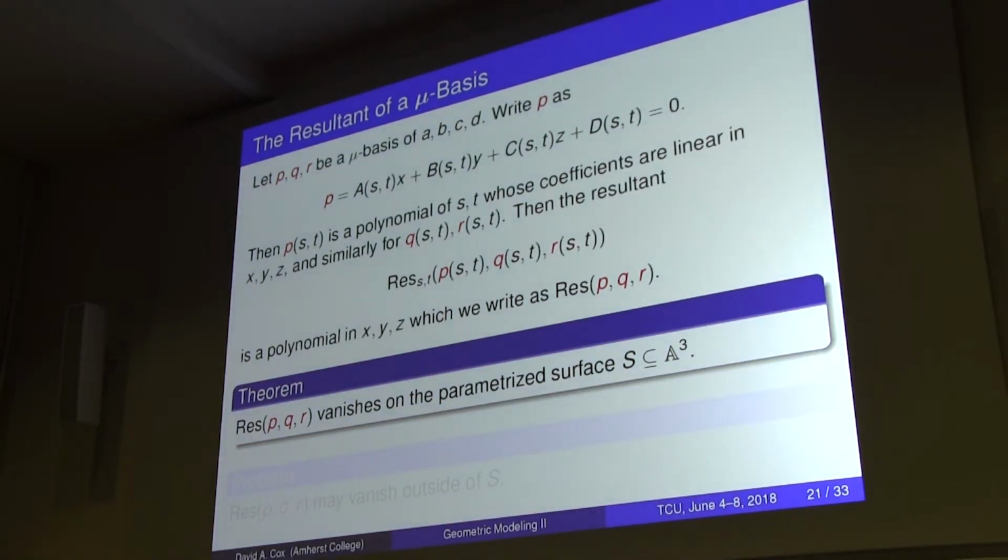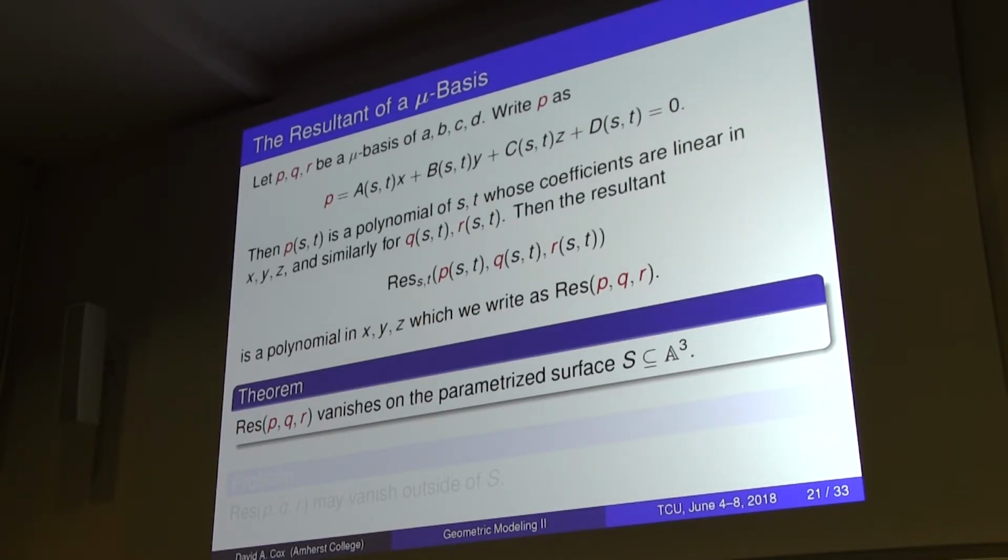So when I take this resultant, this is now a genuine multi-polynomial resultant. We're beyond what the Sylvester determinant can do, because I really have 3 polynomials, and it's a polynomial, but this does eliminate S and T, so it's a polynomial in X, Y, Z, and I'm just going to write it more simply as that resultant.